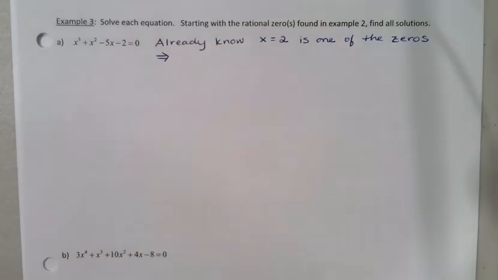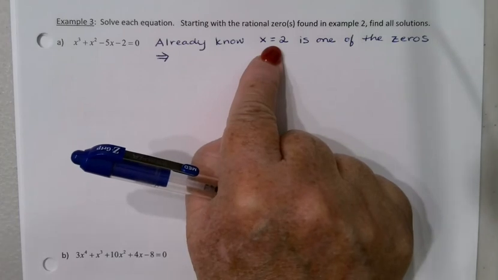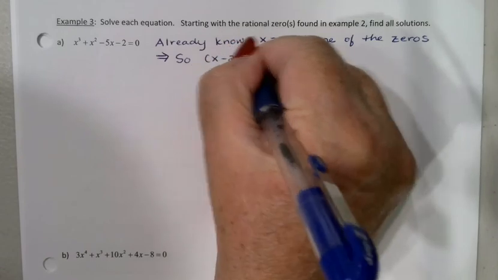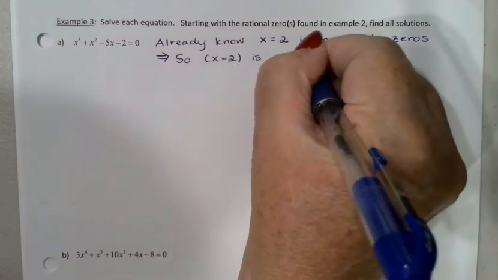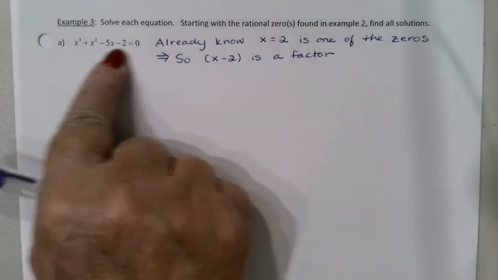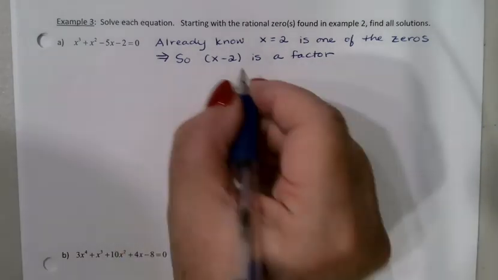What I'm now going to say is that tells me that x minus 2 is a factor. And if I know a factor, I can divide that factor into the original polynomial, and I should get something with no remainder. So let's try it.